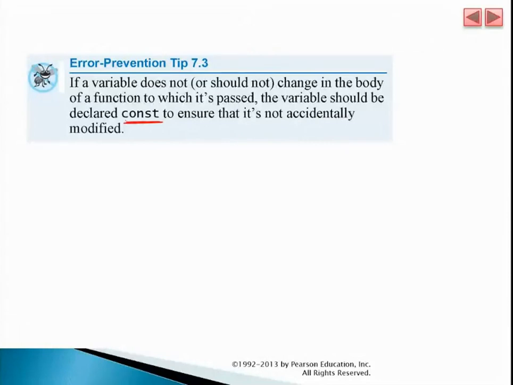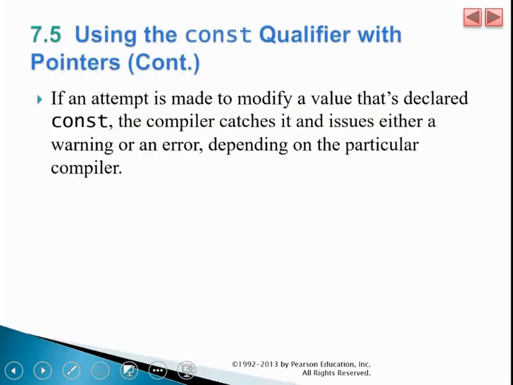This will help us prevent accidental modification, whether intentional or unintentional, so that the function will not modify the original value, and not even the copy of the value. If the function tries to do so, the compiler will raise an error, because the constant keyword lets the compiler know not to allow any change to the value of this variable.